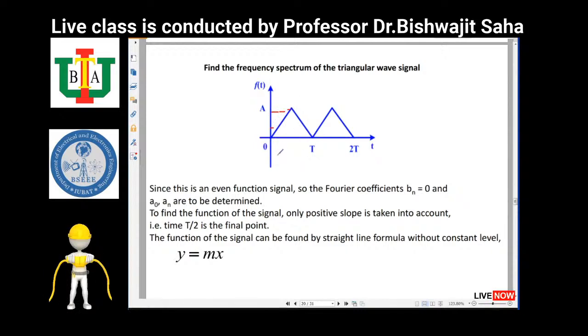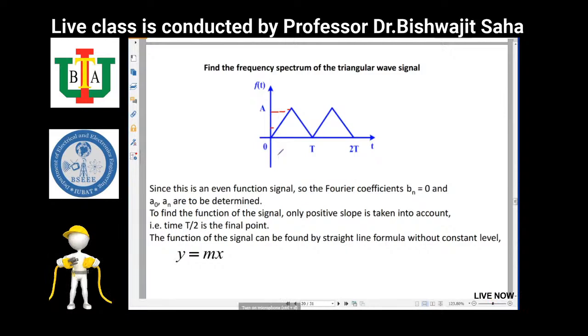Although you can rarely use this kind of signal, you need to know what harmonics are included in a triangular wave shape. If you want to find out the harmonics or DC value, apply Fourier series.